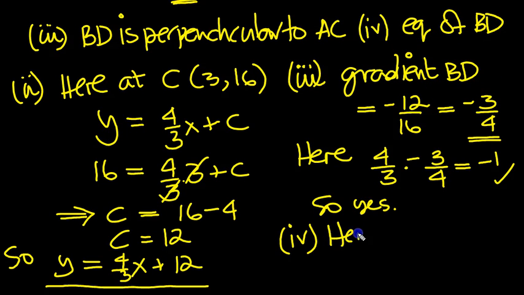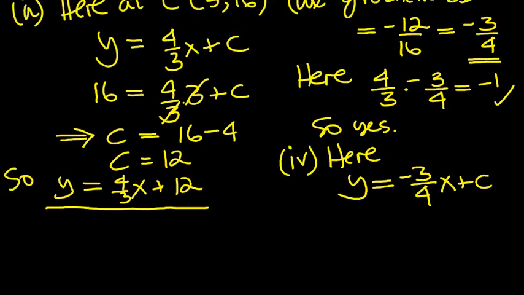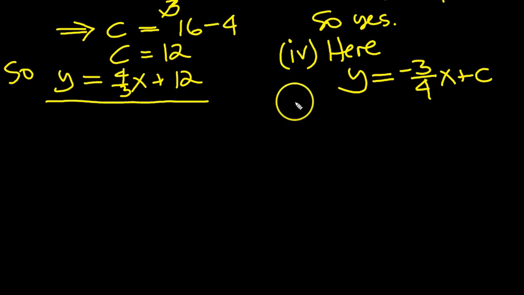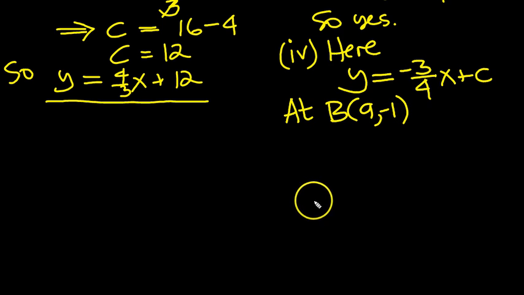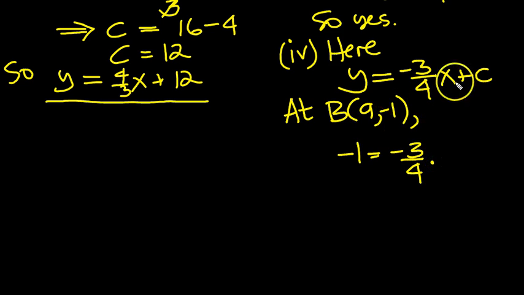So here, we've got y equals the gradient, minus 3/4, that's the m, x plus c, the intercept value, you could call it c dashed if you wish, at B then, and the coordinate of B is 9, minus 1, so I'll write that down here. We could have put D in, but same difference really. So put the values in then, minus 1 here for y, minus 3/4 times 9, the x is 9, plus c.